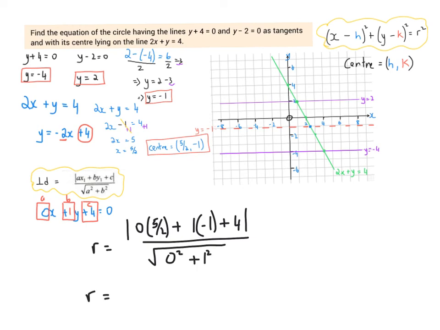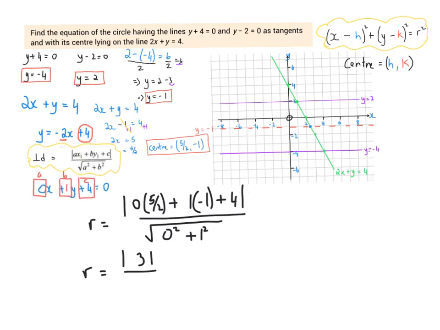So r is equal to the absolute value of 0 plus, so minus 1 plus 4 is 3, all over the square root of 1 squared, which is the square root of 1, which is 1, which implies our radius is equal to 3.